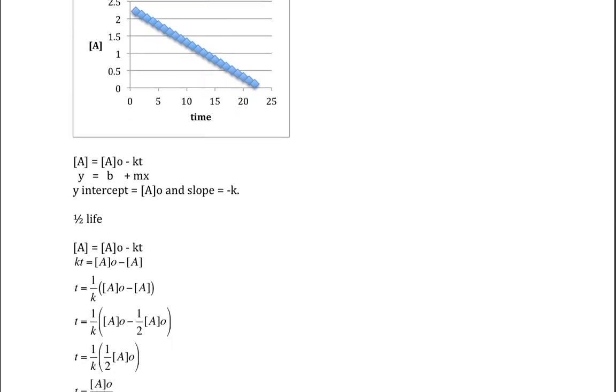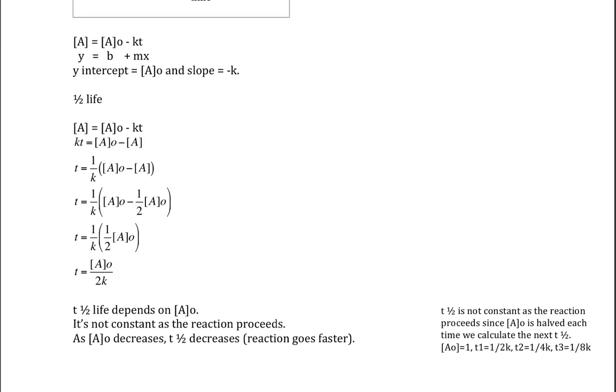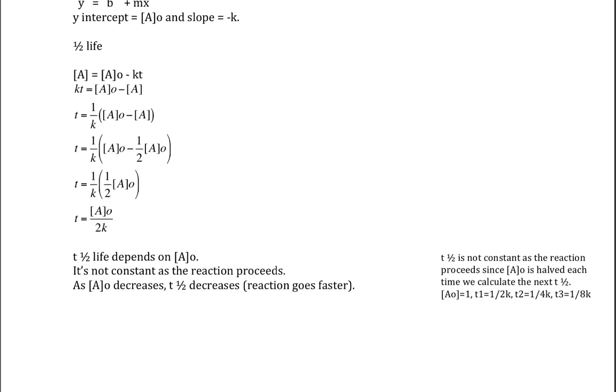Alrighty, to get the half-life equation, we take our integrated rate law, A equals A naught minus kt. Solving for time, we get time equals 1 over k times (A naught minus A). We put in for A 1/2 A naught, and we run through the algebra, and we get that the half-life equation for a zero order reaction is A naught over 2k.